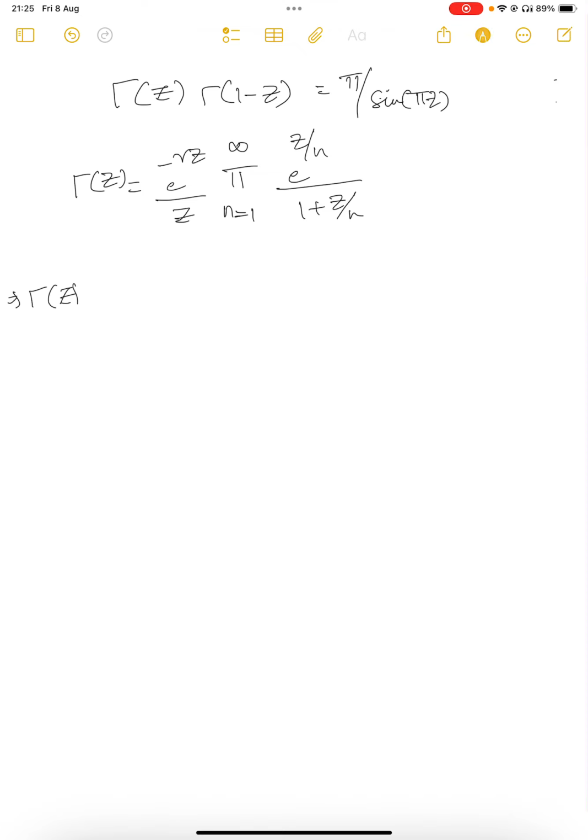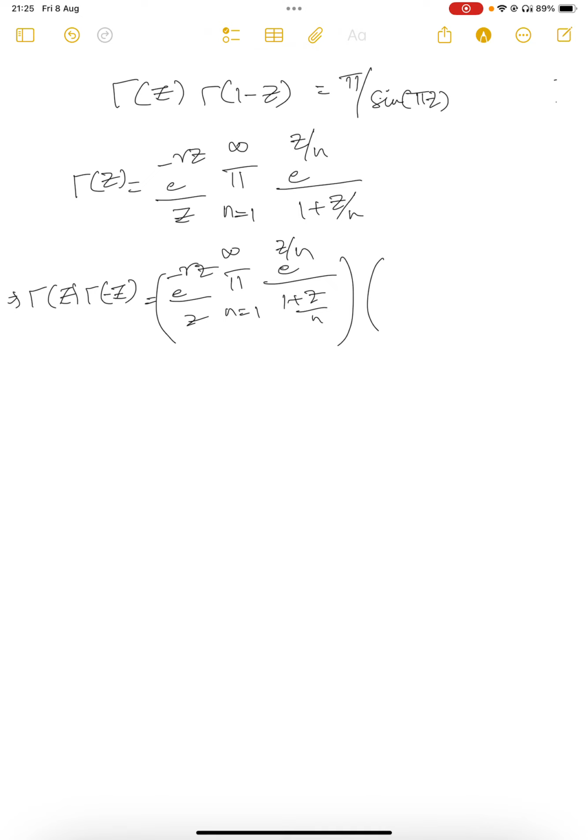If you multiply gamma of z into gamma of minus z, then this will be e power minus gamma z by z, product n equal to 1 to infinity e power z by n by 1 plus z by n.